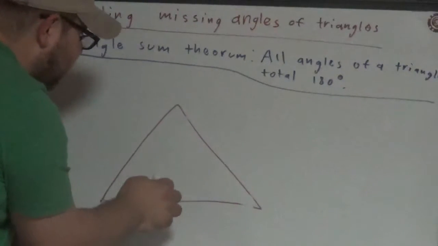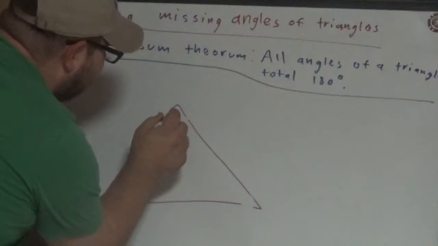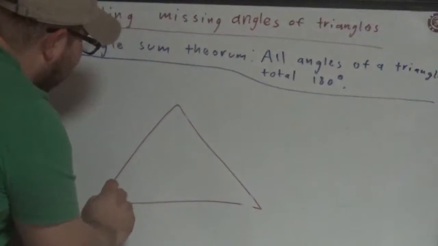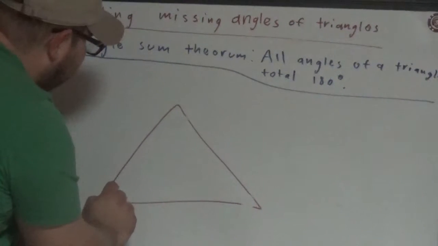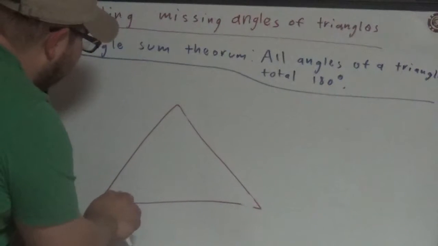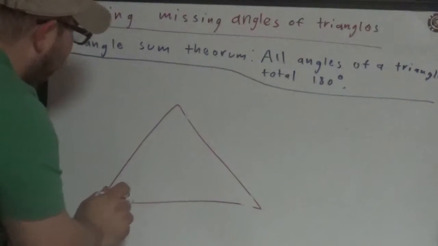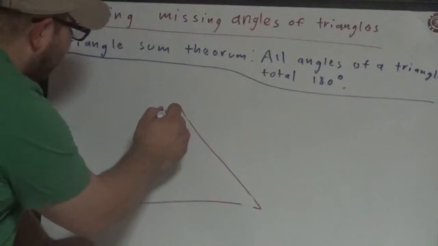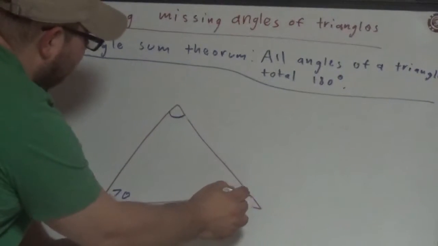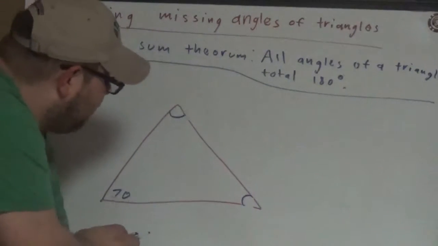So let's change this triangle a little bit, and now let's say that we're going to have 70, and then I'm going to make this mark on the other two. What about this one?